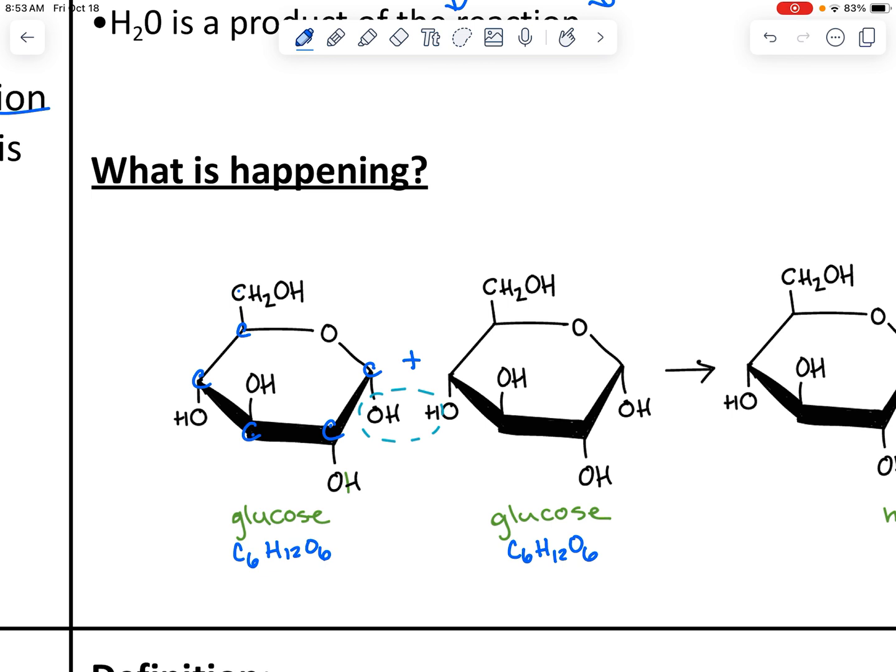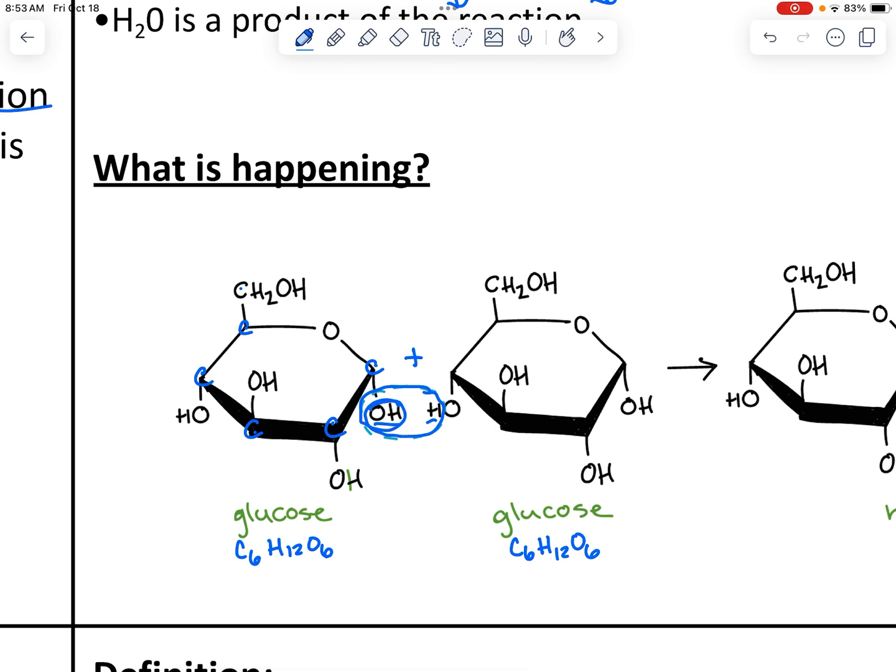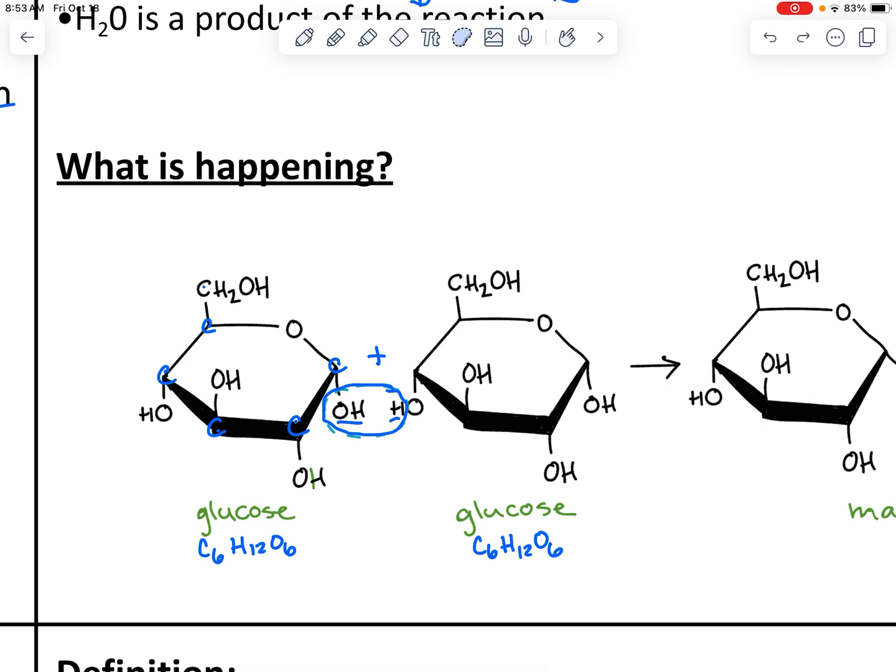If you notice right here, this is where the bond is going to form. And notice there's an H there and an OH there. You see that? So in order to make a bond, I have to remove these pieces. When I do that, I'm just going to draw this down here for a second. You don't need to, but it's a good visual.